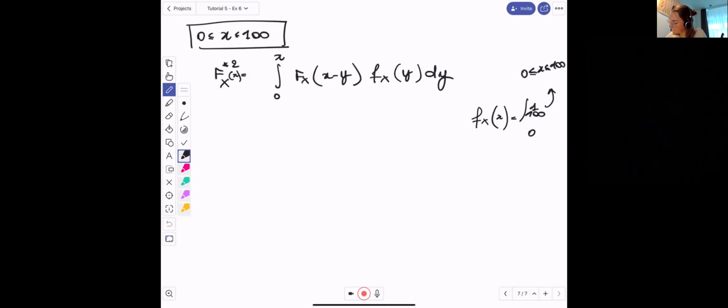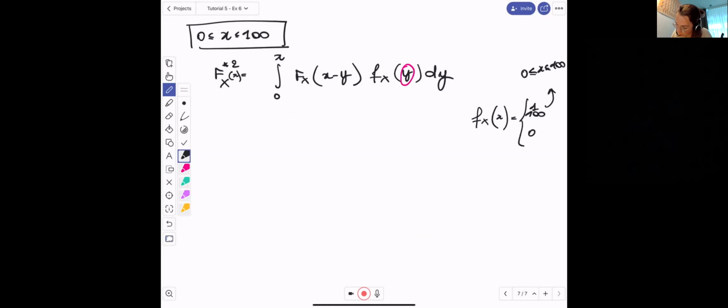Now, if x in the boundaries of our integral takes on a value between 0 and 100, then our value y, which goes between 0 and x, will always take on values between 0 and 100.